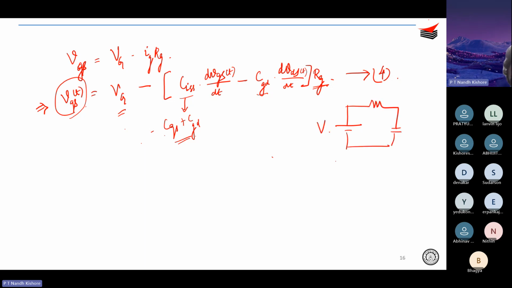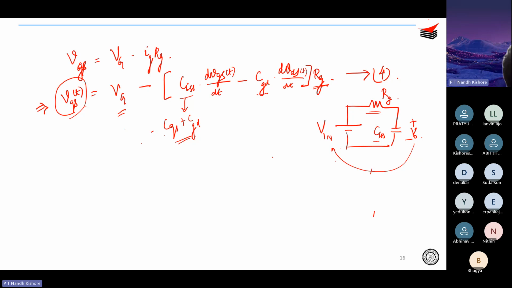You have your supply over here, Vin, and your output over here, and you have an RG, and I'm calling this CISS. Essentially your V naught is going to be equal to Vin, just that how it is getting charged up depends on this RG value and the CISS value. Okay, got it.